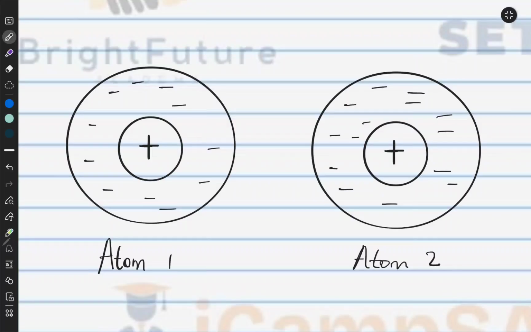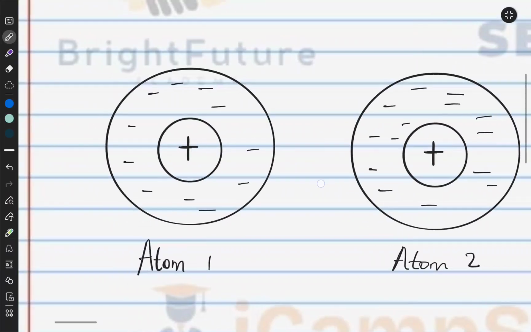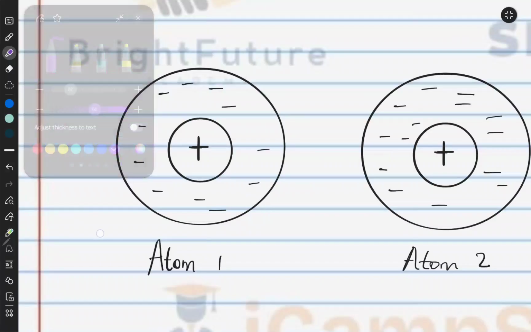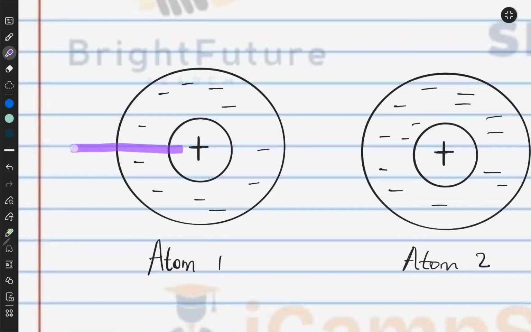Between these two nuclei, if you remember, we have a rule that says like charges repel and unlike charges attract. If you check the nuclei of both atoms 1 and 2, you will find that they are both positively charged. So these two nuclei will repel each other. There will be a force of repulsion on atom 1 due to the nucleus of atom 2.